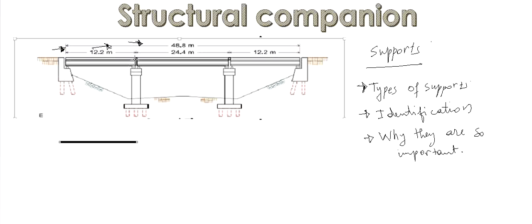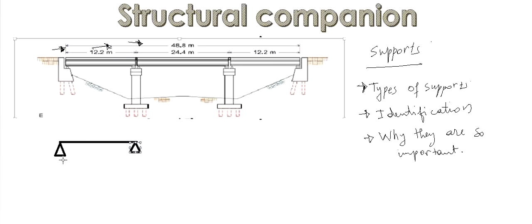So the identification will be: you have this beam here, and then you have to identify the support. The support will be like this. This is one support, and there is another one here. Don't be so focused on the size.